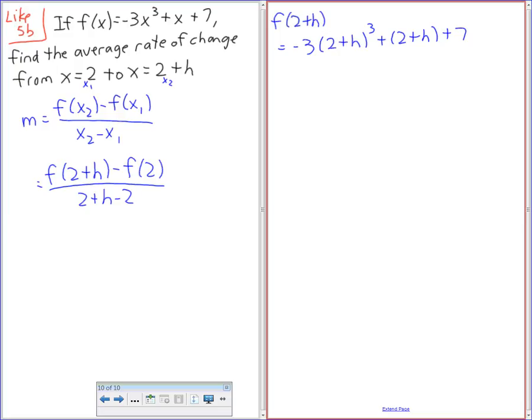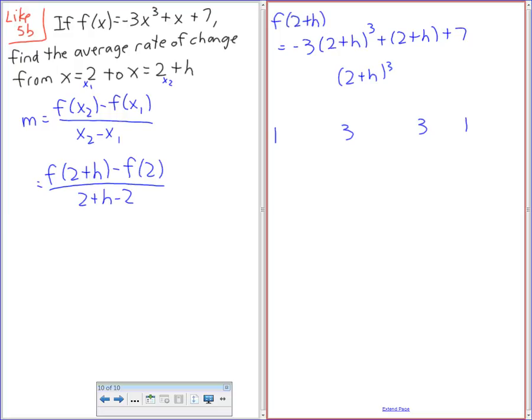Okay. So Pascal's triangle for (2 + h) cubed is going to be this. Those are going to be the Pascal's numbers 1, 3, 3, 1.